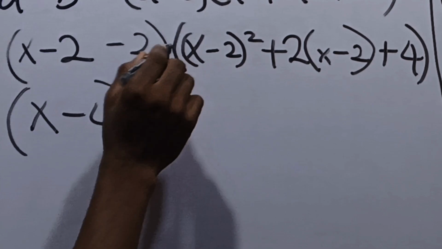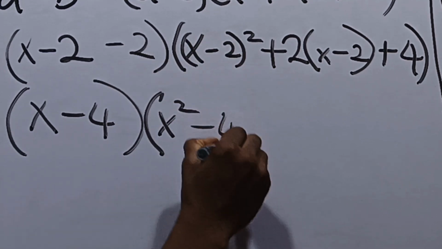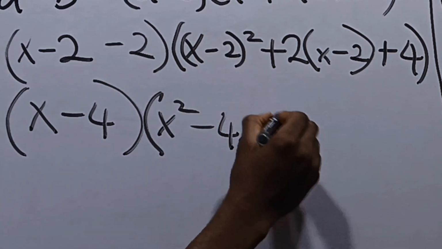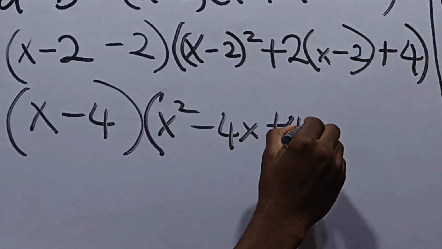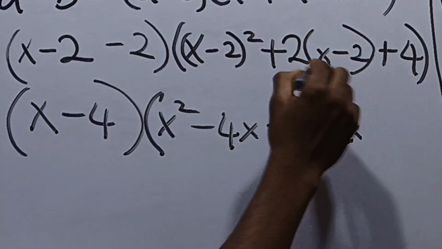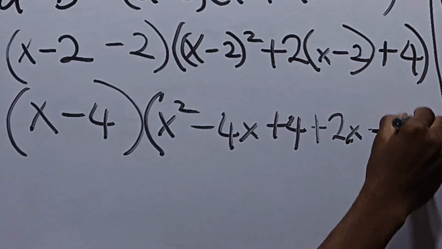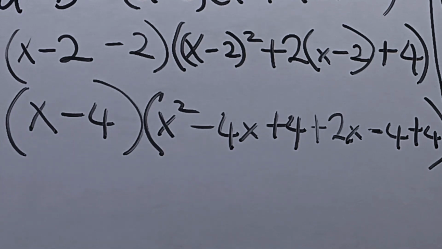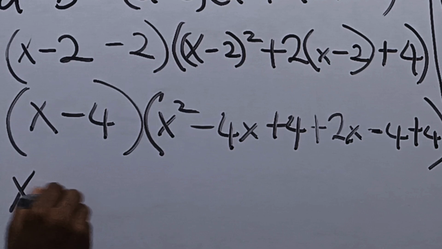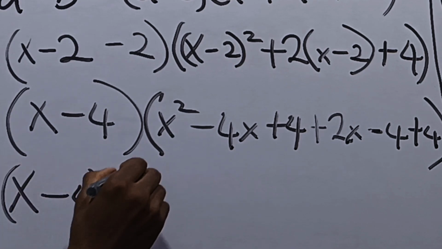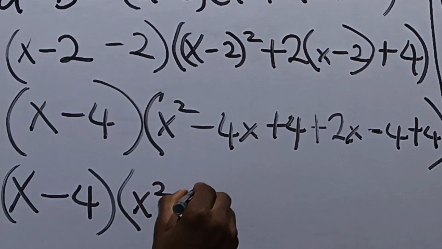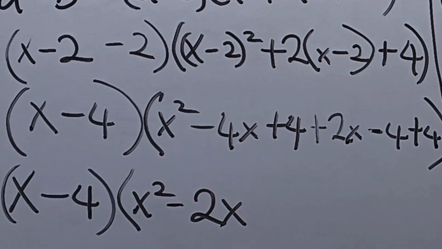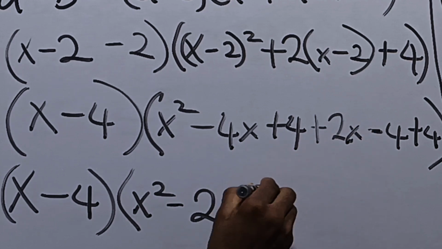Negative 2 times x is negative 2x times 2 is negative 4x. 2 squared is 4. Okay? 2 times x is 2x, minus 4 plus 4 is equal to 0. Continuing from here, we now have that (x − 4) multiplied by (x^2 − 4x + 2x is −2x. Okay? 4 minus 4 is 0 plus 4 is 4).